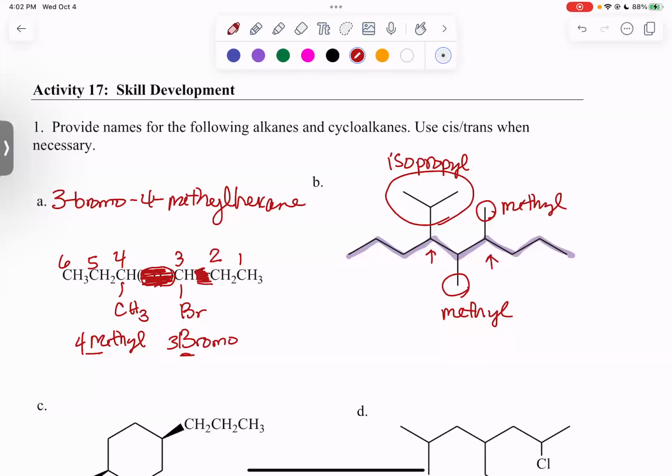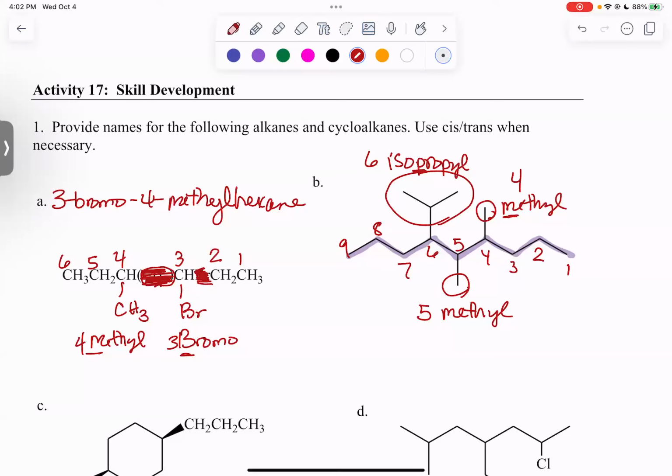Okay, so which way do we want to number? Well, we want to give the lower number to the substituent that is alphabetically higher priority. So we're comparing the P to the M. M comes first, so we're going to give our methyls the lower number. So we're going to go 1, 2, 3, 4, 5, 6, 7, 8, 9. Okay, and what do we get? That's 6-isopropyl, that's 4-methyl, and that's 5-methyl.